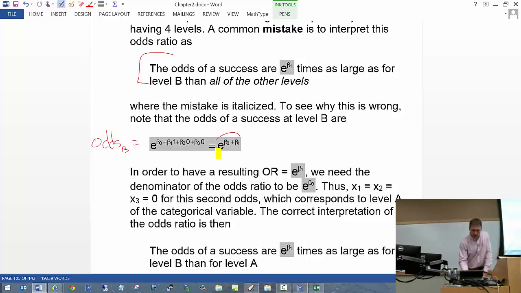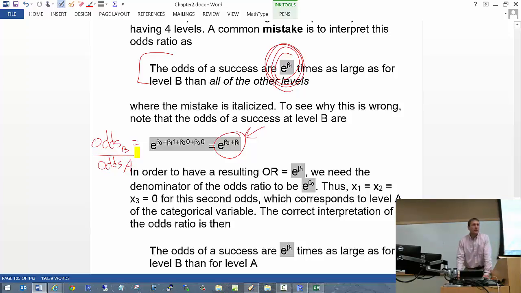You're left with e to the beta 0 plus beta 1. Now if I were to get e to the beta 1 as an odds ratio, then what do I need to divide e to the beta 0 plus beta 1 by? Well, the answer's already there.